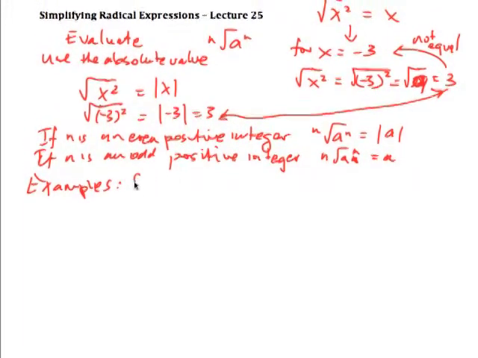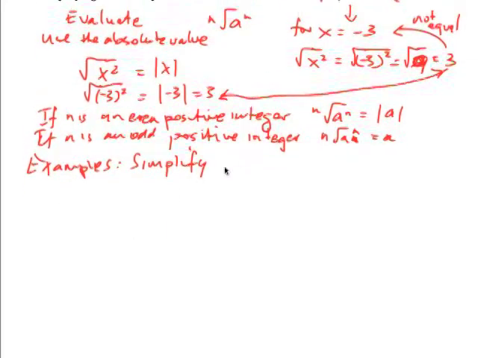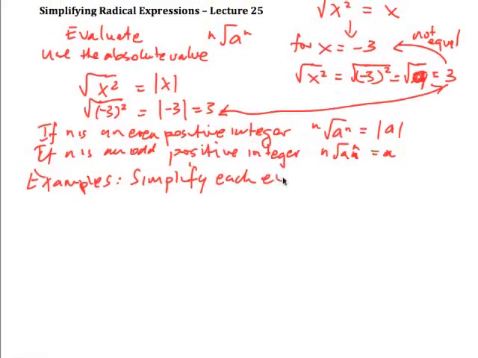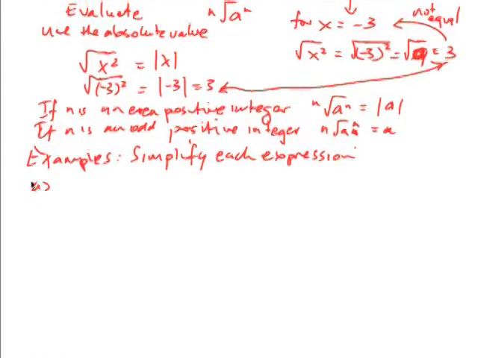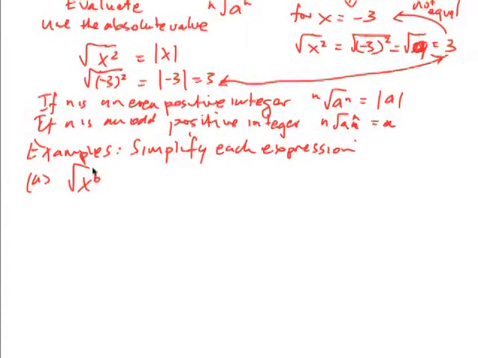Let's suppose we want to simplify each of the following. Part A. Let's suppose that I have the square root of x to the 6.